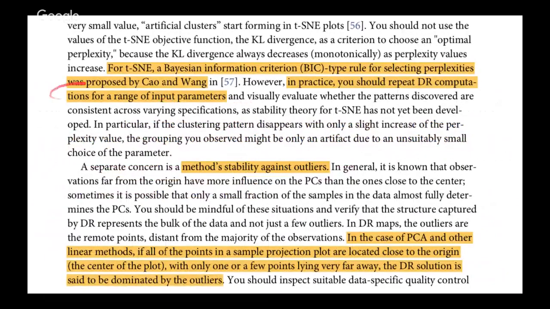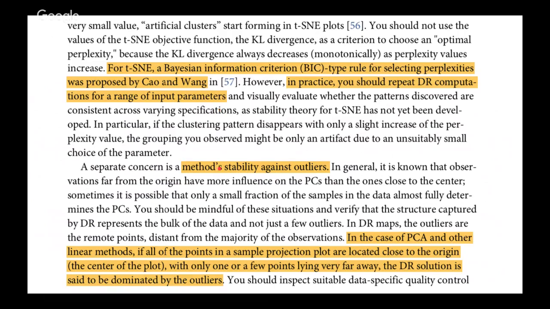There is a method proposed by Cao and Wang, a rule for selecting the perplexities of t-SNE. Although in practice, your data is going to be somewhere in between the parameter sweep that you can run anyway. And many of these methods are not computationally super expensive. So in practice, you should repeat your DR computations for a range of input parameters, say for t-SNE, the perplexity value.